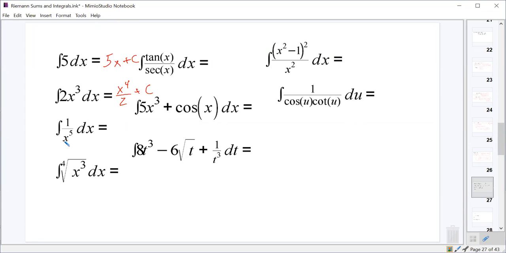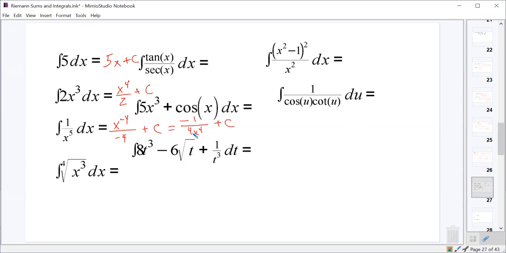And even for any of these non-whole number roots, we can rewrite this as x to the negative 5 and integrate x to the negative 5. What would we get if we integrated x to the negative 5? We'd go up to negative 4 and divide by negative 4. So this would be x to the negative 4 over negative 4 plus a constant, or we could write it as negative 1 over 4x to the fourth plus a constant.